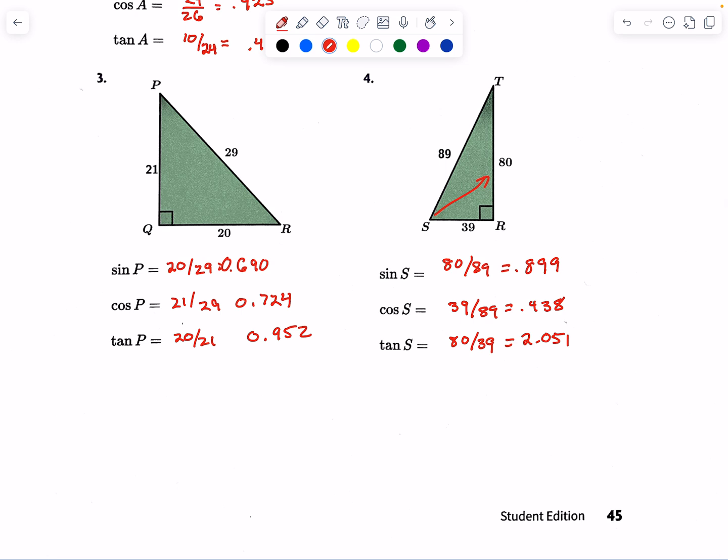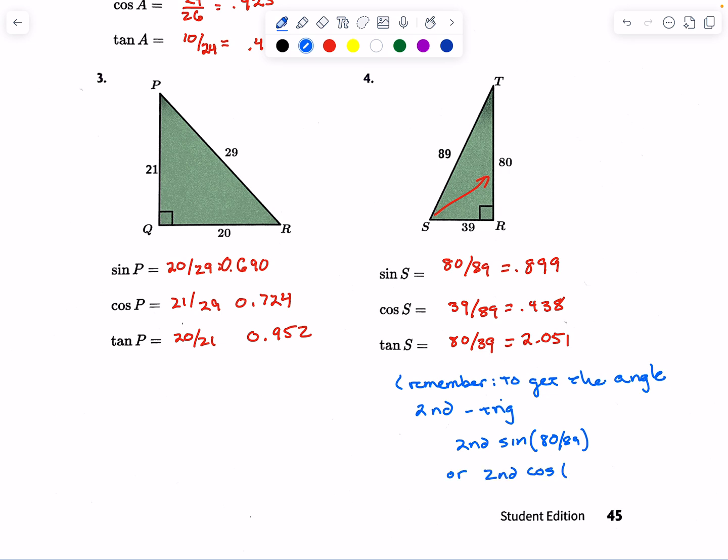Remember to get the angle, second sine of 80 over 89, or second cosine of 39 over 89, etc.